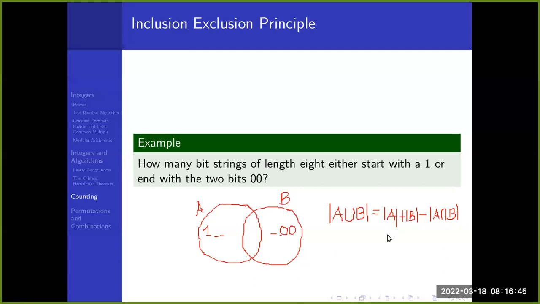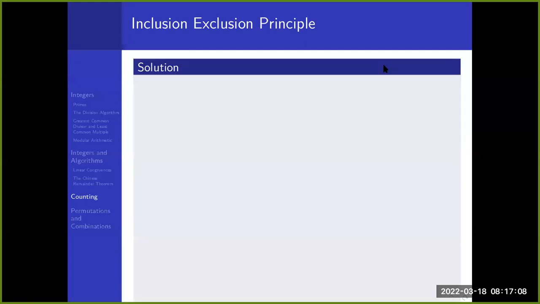Now the only thing we need to do is to figure out how many elements are in set A, how many are in set B, and how many are in the intersection. Once we figure that out, we just plug them into this formula and we have the answer. Okay. So we'll go to the solution now.